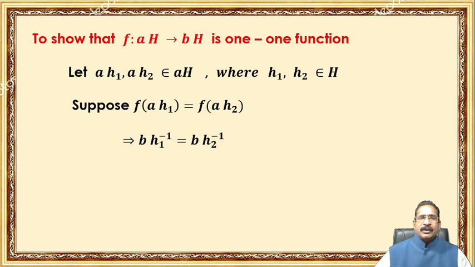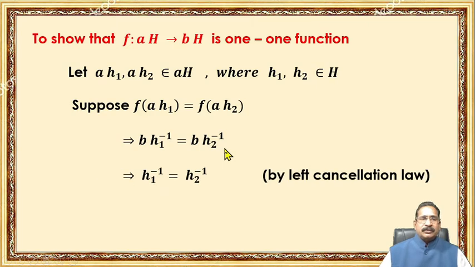Then what is the definition for this map? f of ah is equal to bh inverse. So f of ah1 is bh1 inverse, equal to bh2 inverse. This implies, by the left cancellation law, h1 inverse is equal to h2 inverse. Take the inverse on both sides.